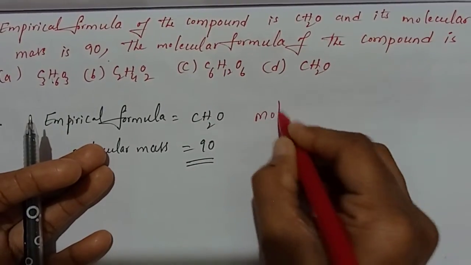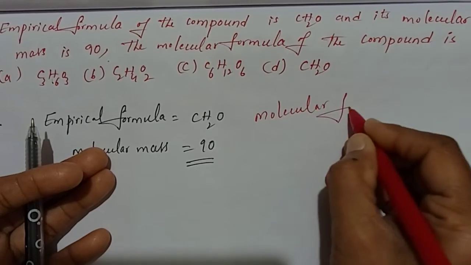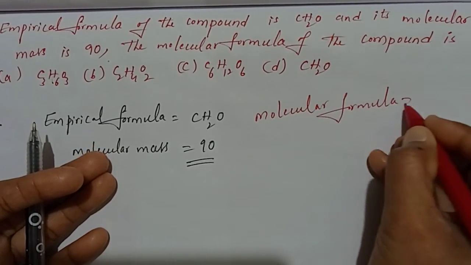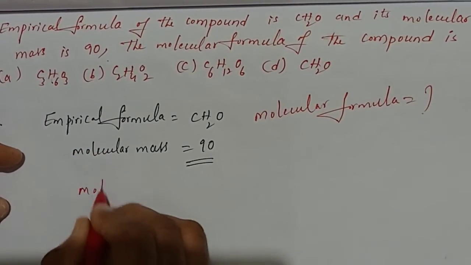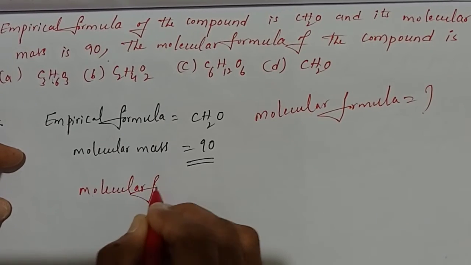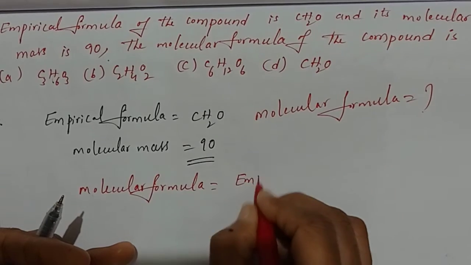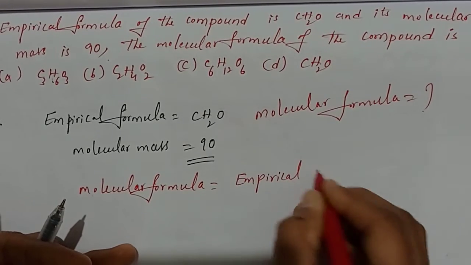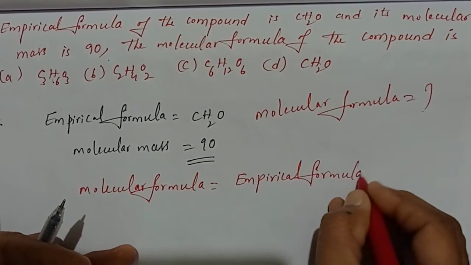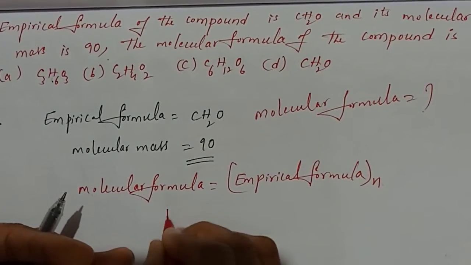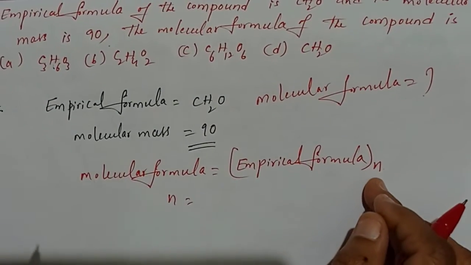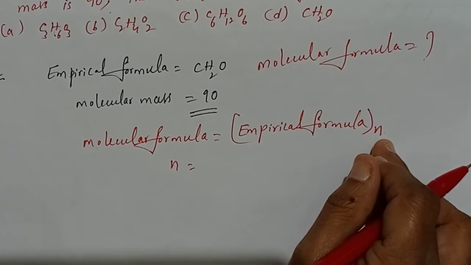We have to find the molecular formula. We know that molecular formula is equal to empirical formula into N. But the N value we don't know. How to find it?